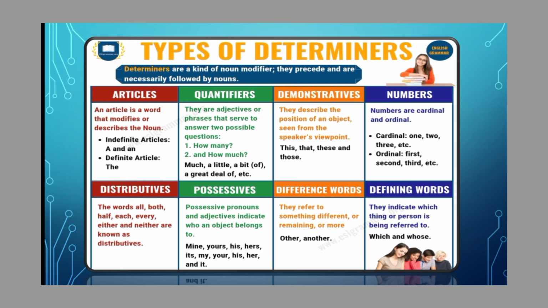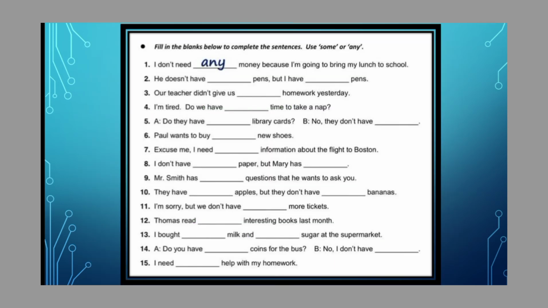Which color do you like? So it is more like an interrogative. Whose pen is this? Like that. And next, now we are going to do an exercise to check our understanding level.